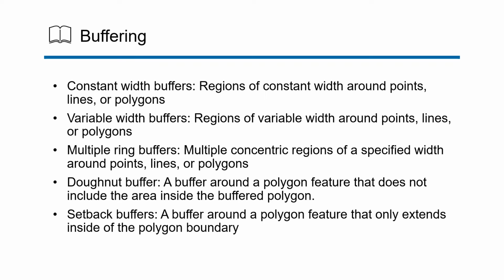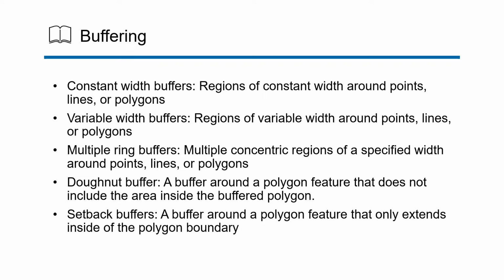You can have variable width buffers, which are simply regions of variable width around points, lines, or polygons. And you think about something like that, why would you do that? Well, you could have a buffer that is related to some variable about the entity that you're buffering. And so based on the information of that entity, it could change your buffer.